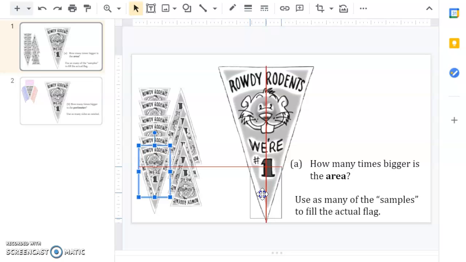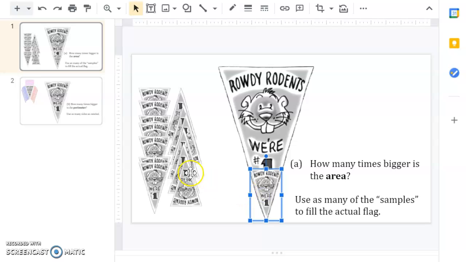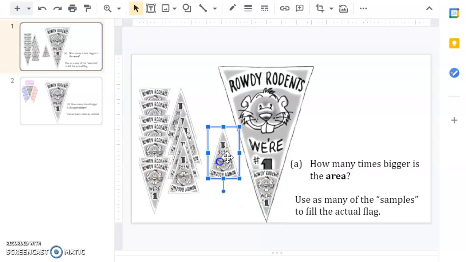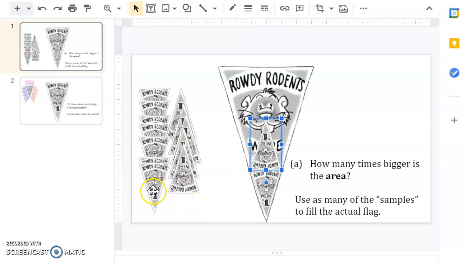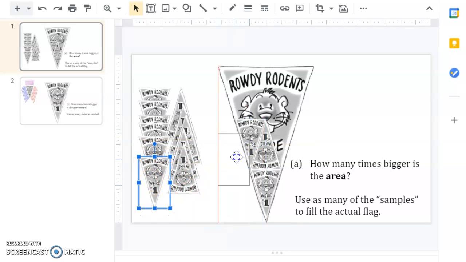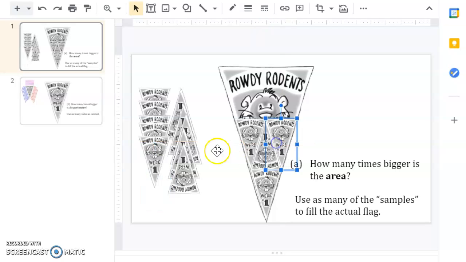So here we go. I can fit 1 here, and then I can fit maybe an upside down one right here, so that I can fit 2 more of those. So you're trying to see how many of the sample banners can I fit to fill the whole actual.